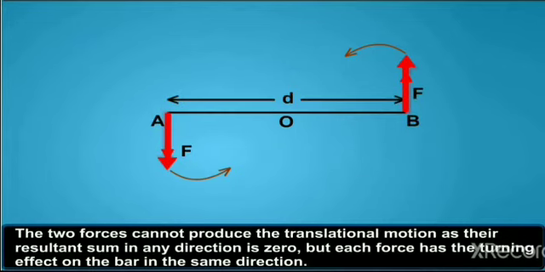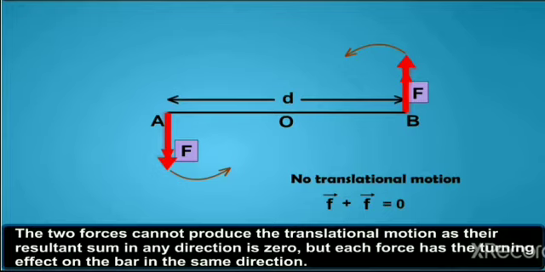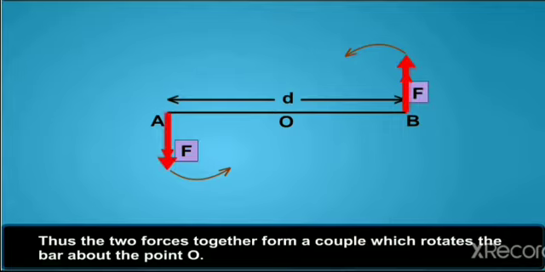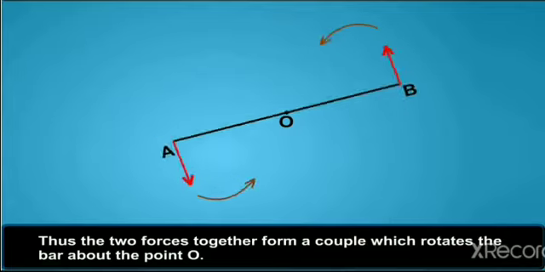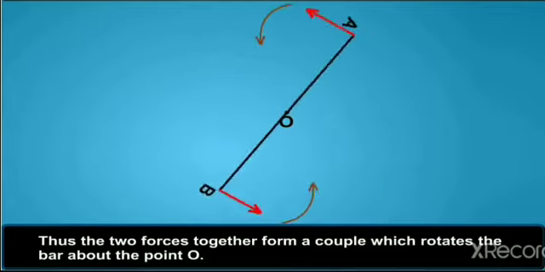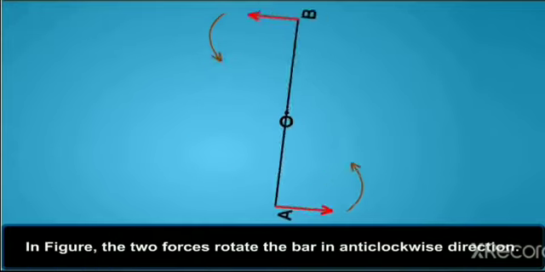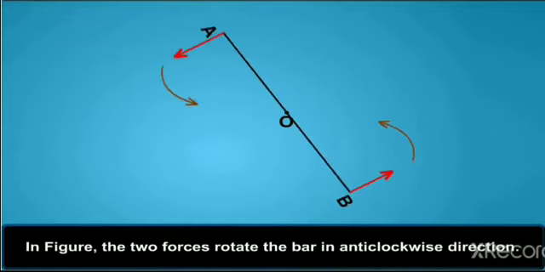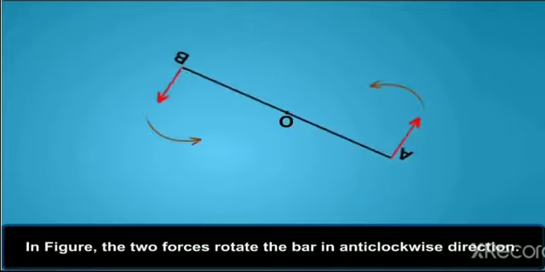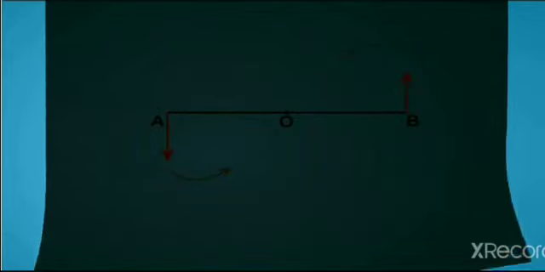The two forces cannot produce translational motion as their resultant sum in any direction is zero, but each force has a turning effect on the bar in the same direction. Thus, the two forces together form a couple which rotates the bar about the point O. In the figure, the two forces rotate the bar in the anti-clockwise direction.